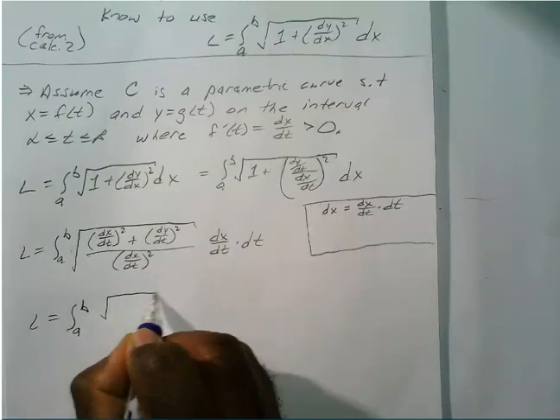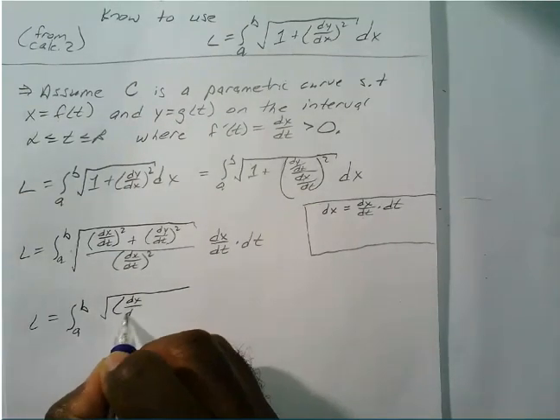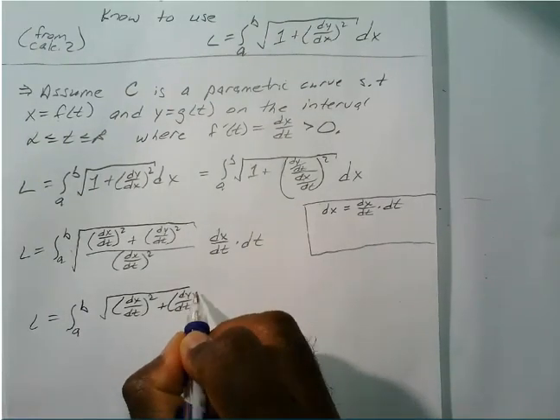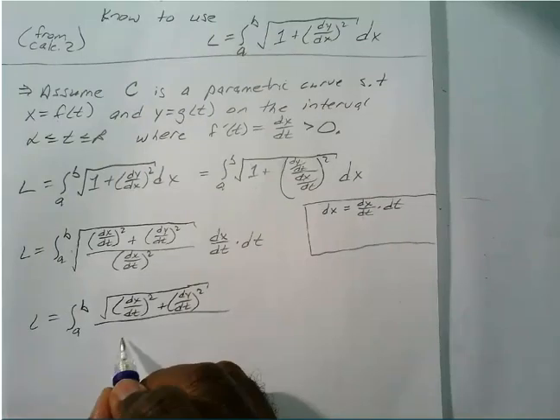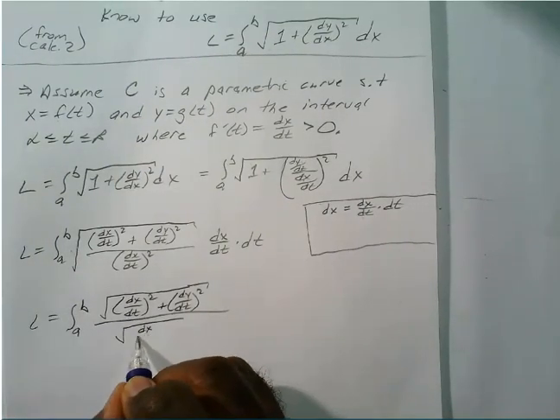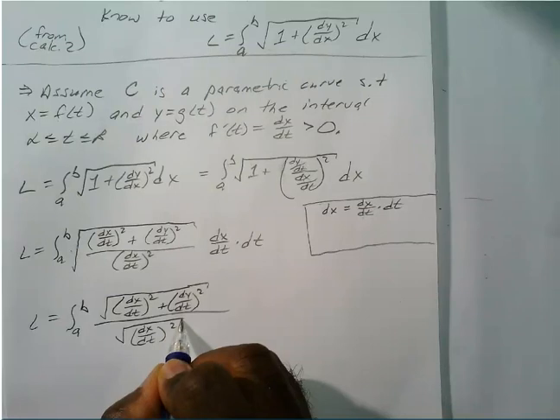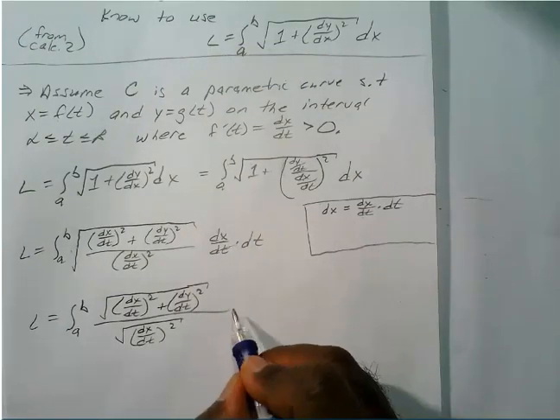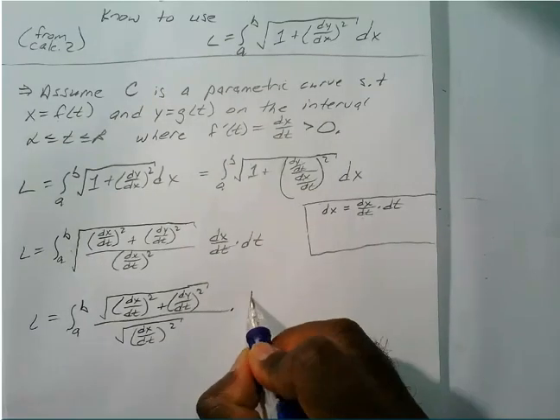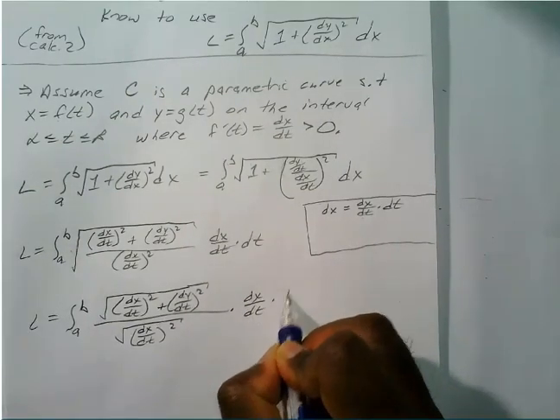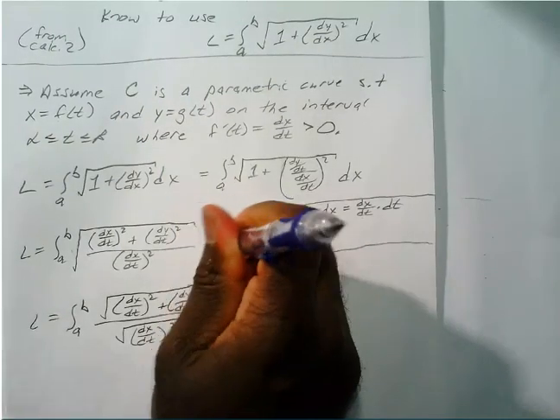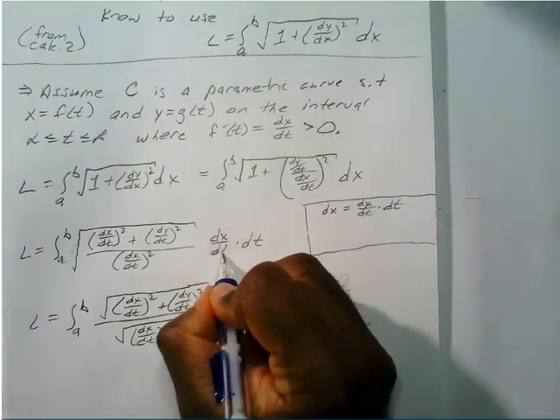So you have the square root of dx dt squared plus dy dt squared over the square root of dx dt squared, and that stays, and you have dx dt times dt. So this does not cross out here. I kind of jumped steps a little.